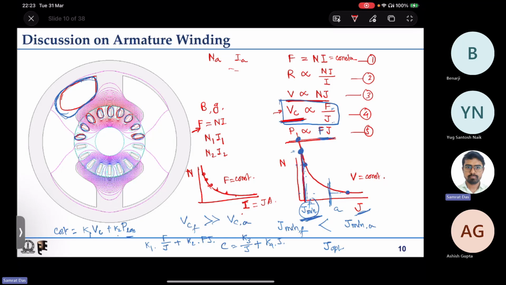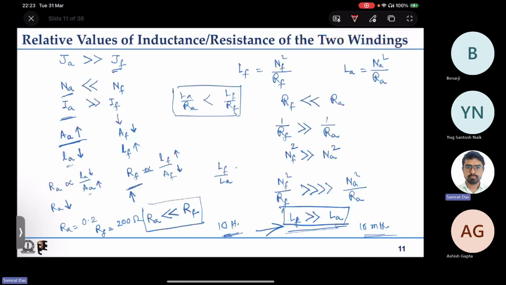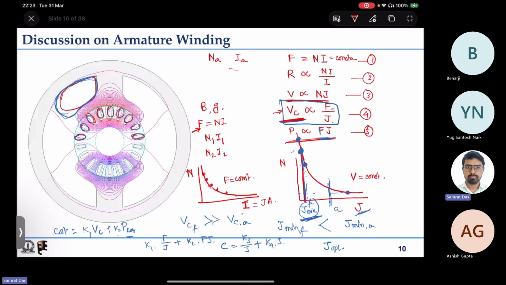So if we actually want to optimize, then we should take a factor, say volume of copper, and that there is some cost per volume, and power loss, there is some cost per watt, some rupees per watt, that is electricity loss. So finally it is in terms of rupees.